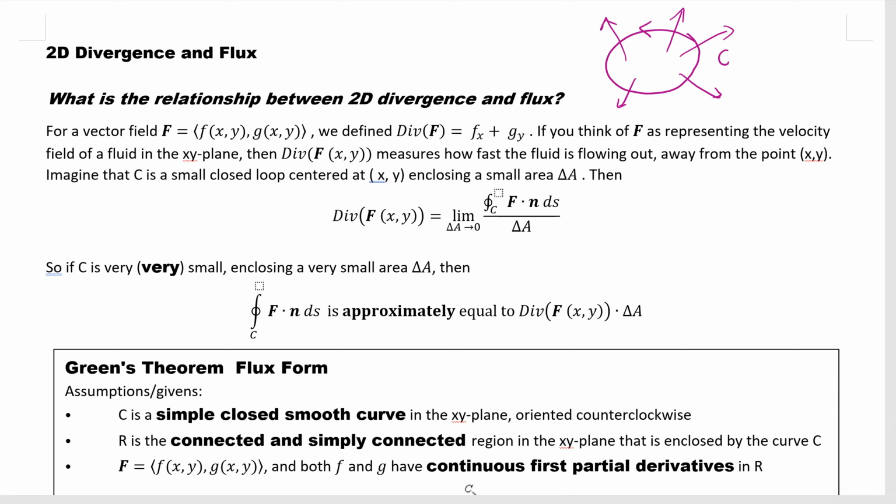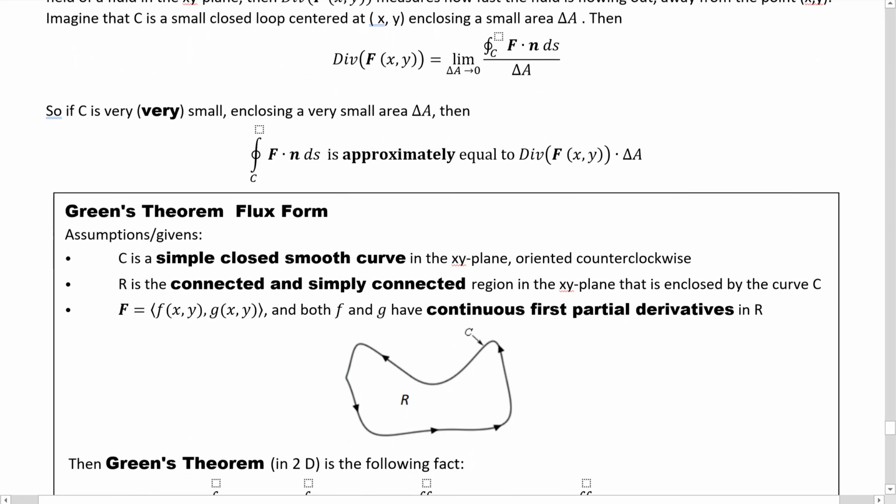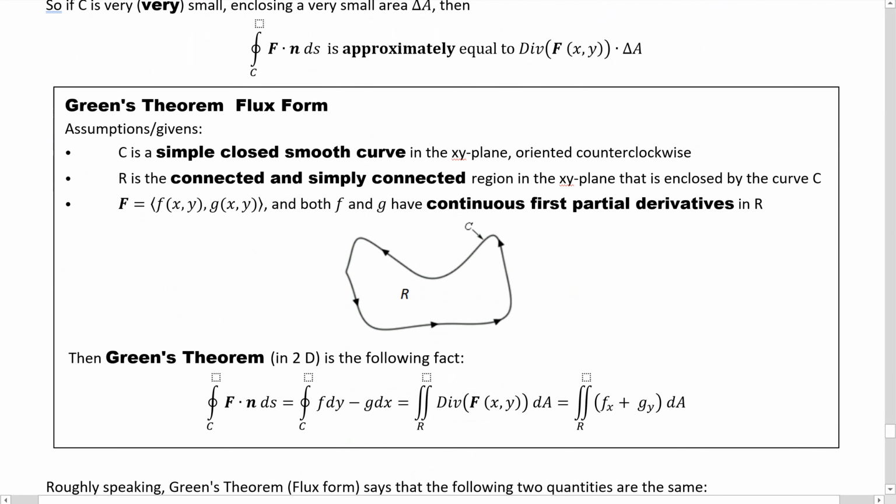Okay, now we have the flux form. C, as before, is a simple closed smooth curve in the xy plane oriented counterclockwise. And R is a connected and simply connected region in the xy plane that is enclosed by the curve C. Let's say F is the vector field and both coordinate functions have continuous first partial derivatives in the region R. Then we have Green's theorem.